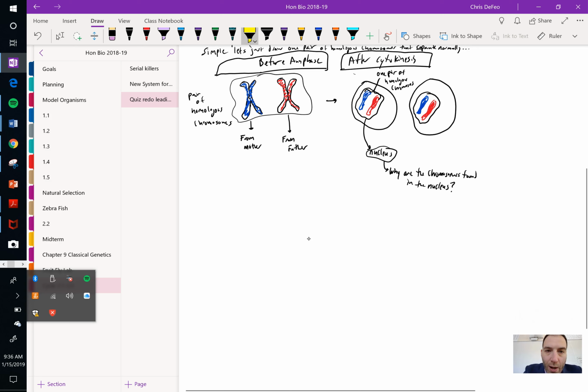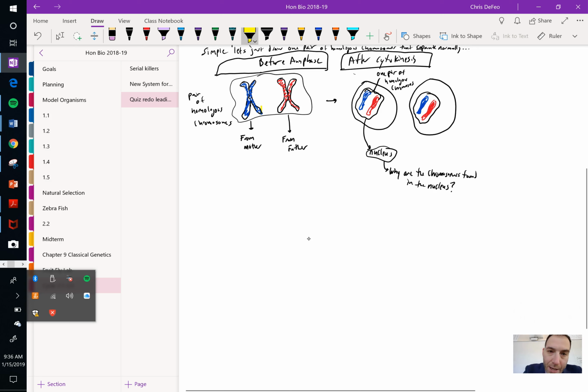Now the question is why are there 2 sister chromatids? Well, you have to remember that each of these chromatids is just a copy of the other. Because recall that before getting into mitosis, the chromosomes themselves are duplicated. So this is a pair of sister chromatids, this is a pair of sister chromatids. However, this whole thing is a pair of homologous chromosomes.